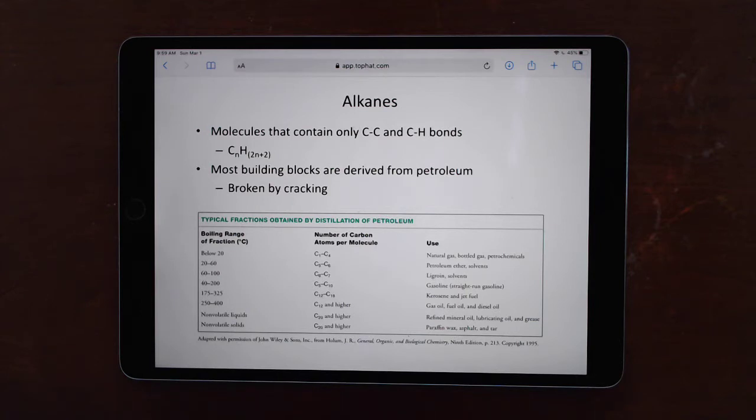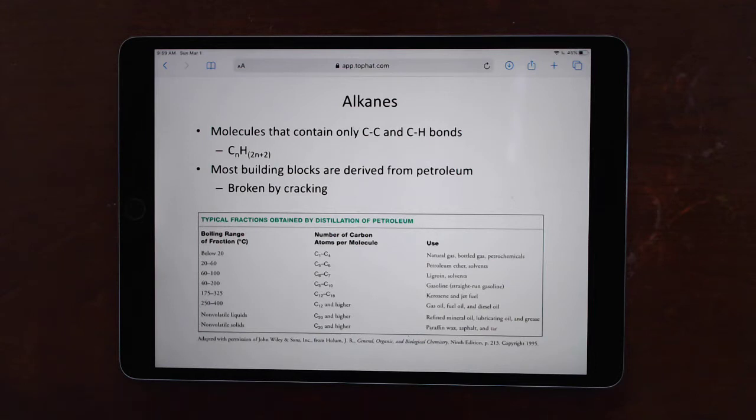They're mostly built by what's called cracking. What happens is they get the oil, usually from petroleum products. They get them out of the ground, and you heat them up to incredibly high temperatures, and they start to break down.